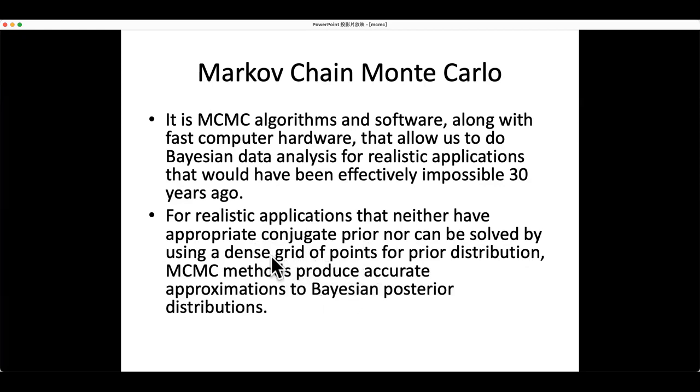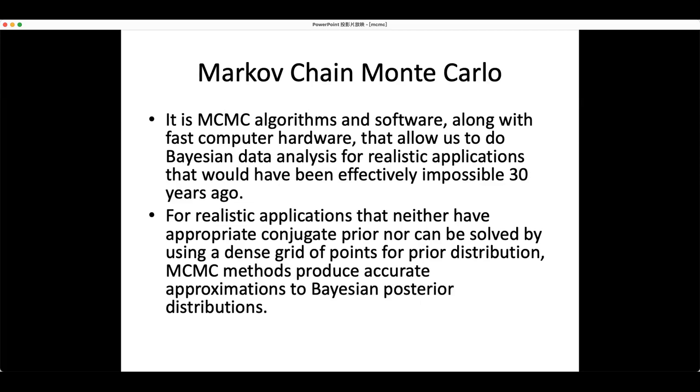Because obviously if you use grid points, you can always generate the posterior distribution. But remember, if your model contains tens or even more than 10 independent variables, then grid points, even if you only have 10 points per dimension, will grow and exceed the computer's computing power.